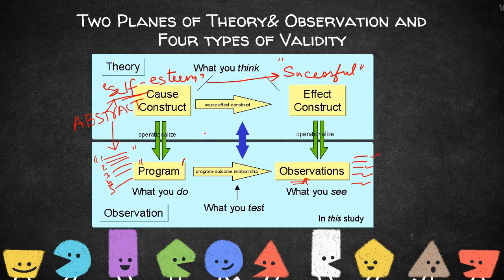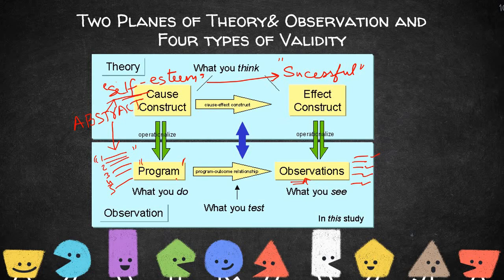And let's begin with relationship, that yes, there is a relationship between the two, that cause is related with effect, right? But the cause construct and effect construct being related doesn't mean that the cause is causing this effect.